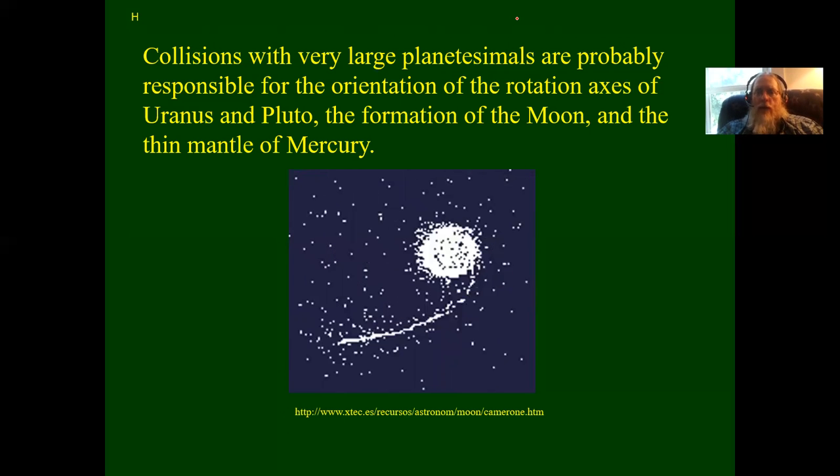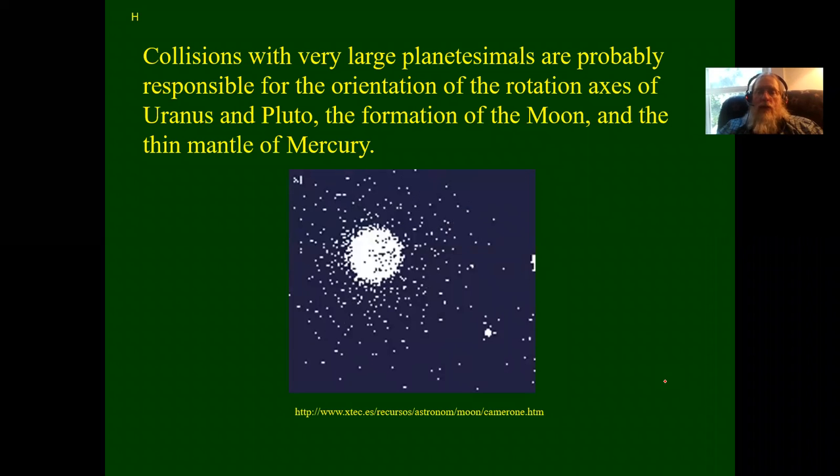For most of the planets, the rotation axis is reasonably close to perpendicular to the orbital plane. So let's say the orbital plane is horizontal across here, then the rotation axis might be something like this. Ours is 23.5 degrees off being exactly perpendicular, which is too bad.